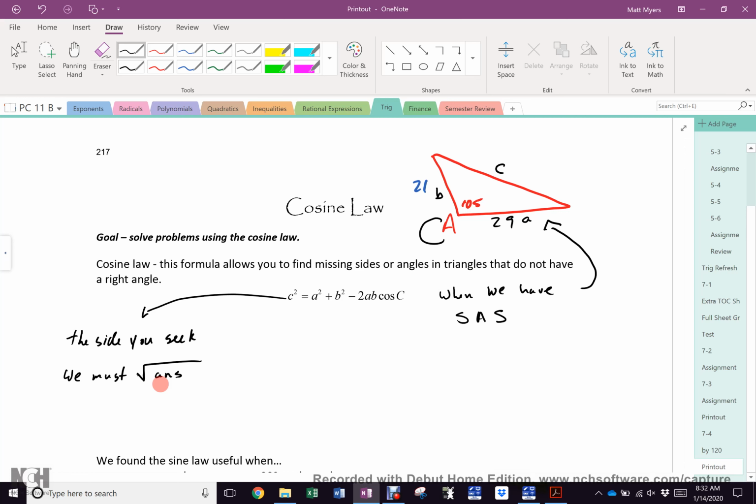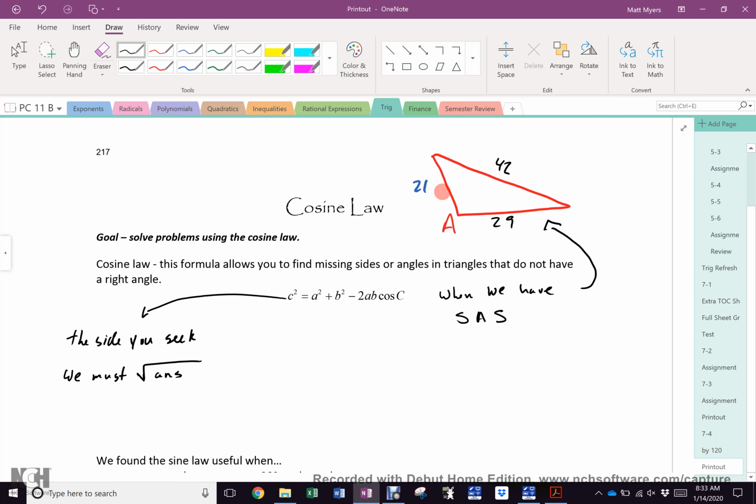All done? Okay. Now, of course, sometimes, let's say we know this side is 42 and we don't know that. Can I do sine law? No, because I don't know any angles, right? But cos law, as it's written, doesn't help me, does it?